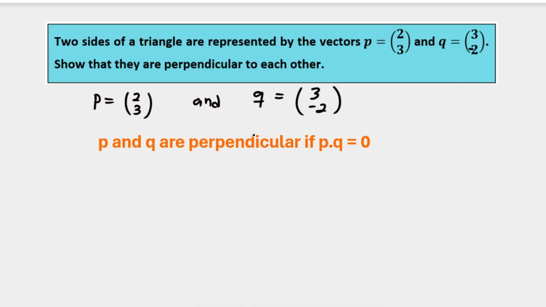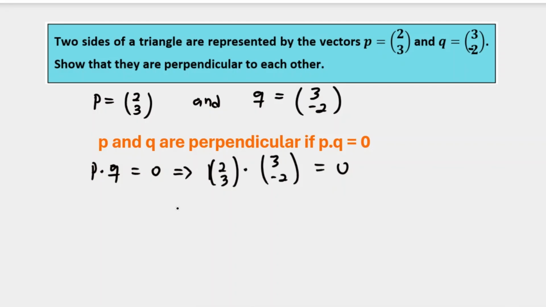Otherwise, they are not perpendicular. So let's begin. We have P dot Q and we are supposed to get 0. Let's do the substitutions. The vector P has components 2, 3, dot the vector Q, which also has components 3, -2. And we are supposed to get 0.